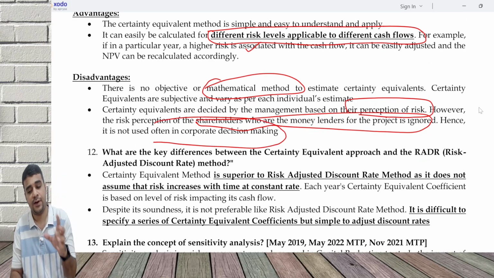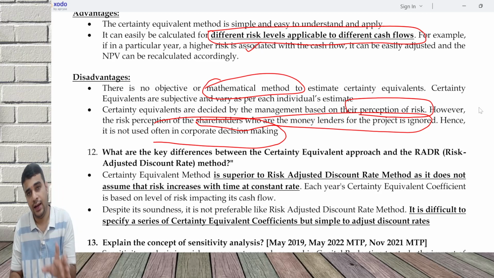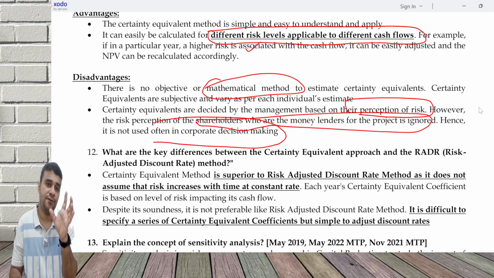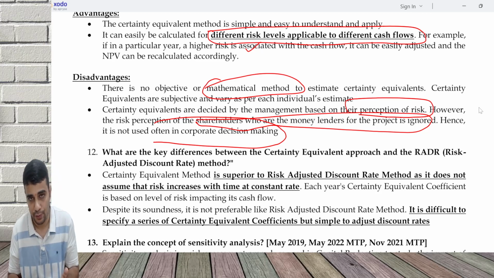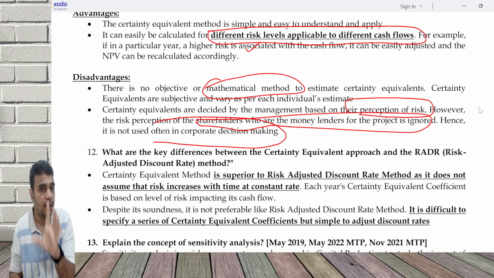What are the key differences between the RADR approach and the CEF approach? The basic thing is very simple. The RADR approach adjusts the discount rate. The CEF approach adjusts the cash flow. RADR looks at a single risk rate.